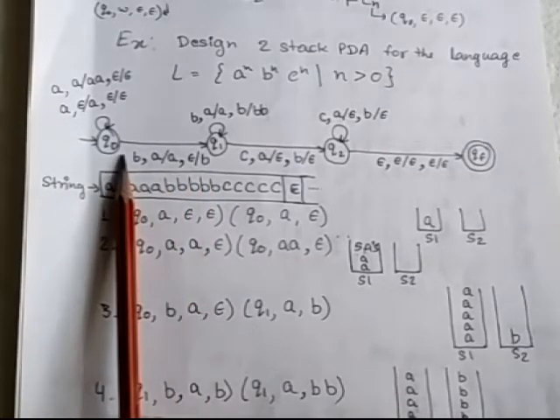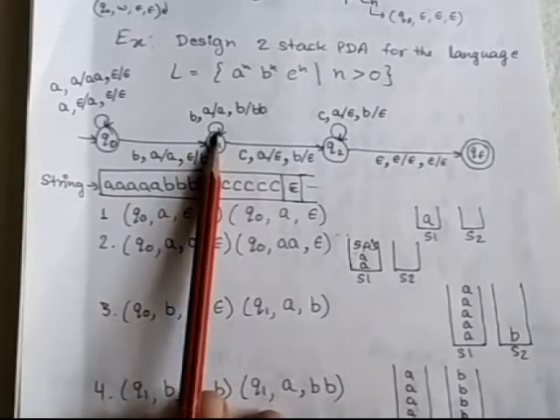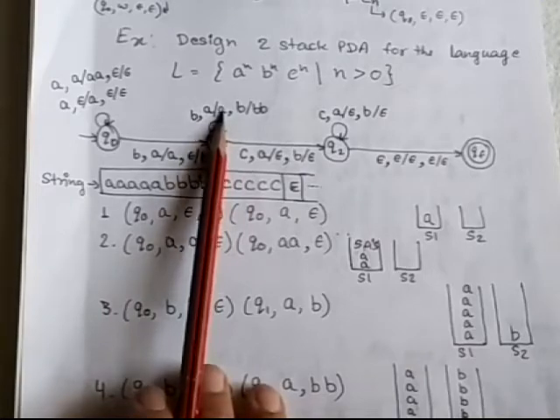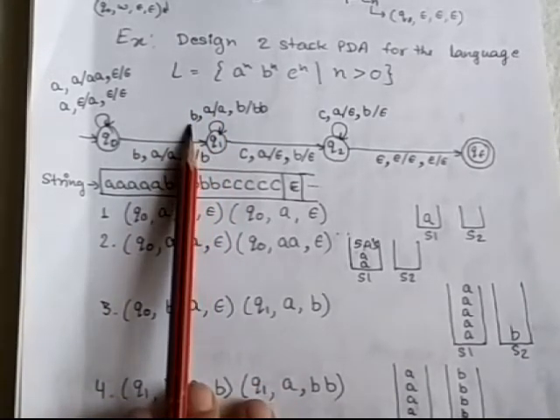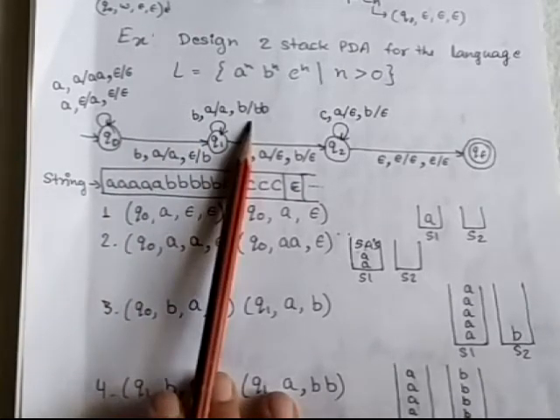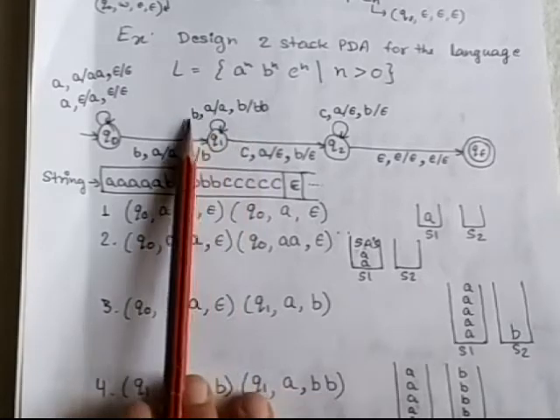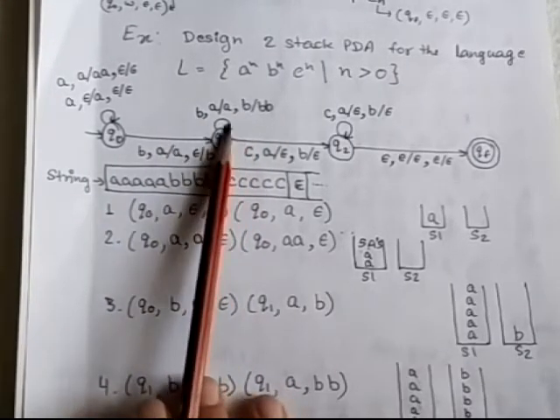We go from Q0 to Q1. Now at Q1, stack 1 will be unchanged. We don't do anything with stack 1. At Q1, we will read B and push it onto stack 2. Using this particular transition, we read all the B's and push them onto stack 2.